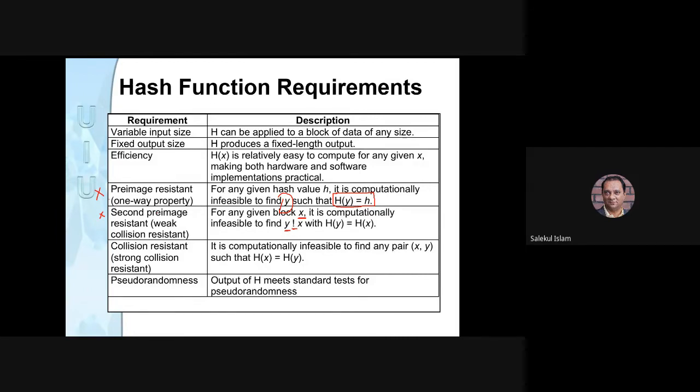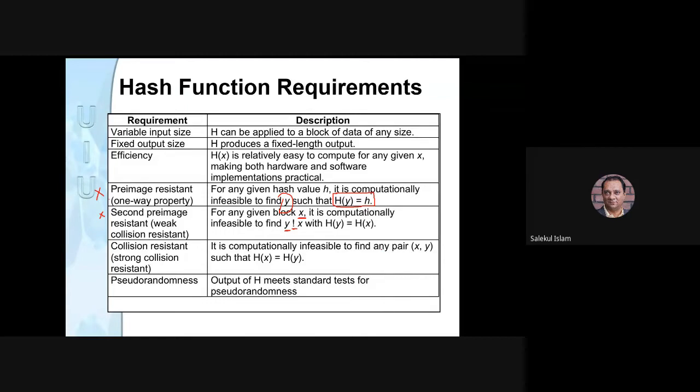So a good hash function will be pre-image resistant, and it should also be second pre-image resistant, and finally it should be collision resistant. When the collision resistance requirement is violated, in this third requirement I am not giving anything.